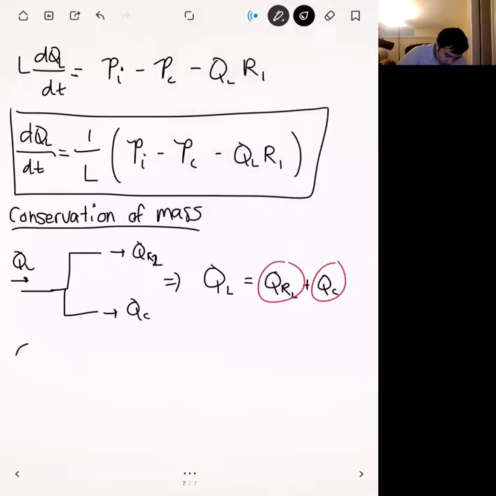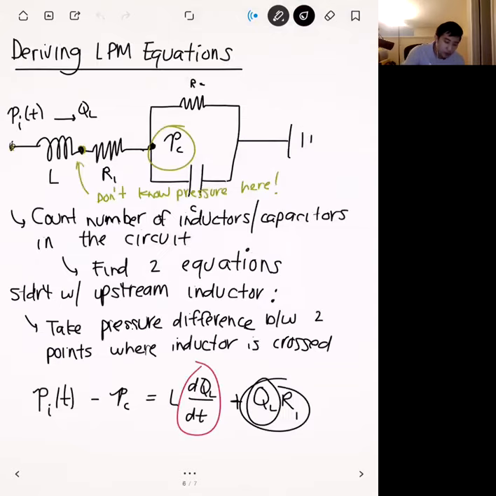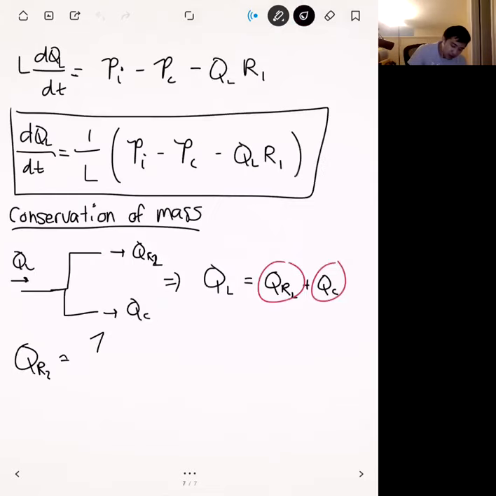Let's start with QR2. The way we find that flow is by taking the pressure difference across this resistor. Upstream here we have PC, and downstream we have ground, so the pressure difference is PC minus 0 for ground, divided by the resistance value.